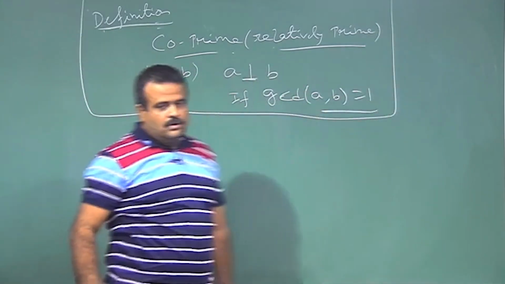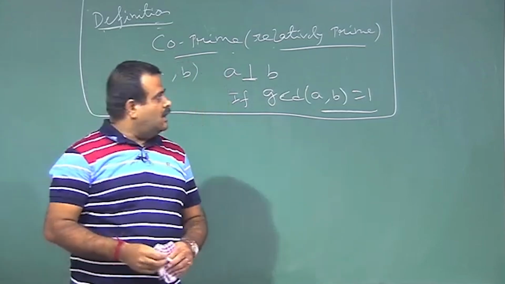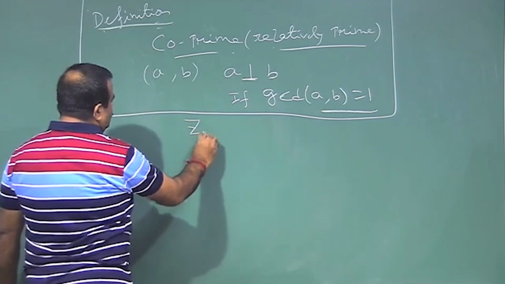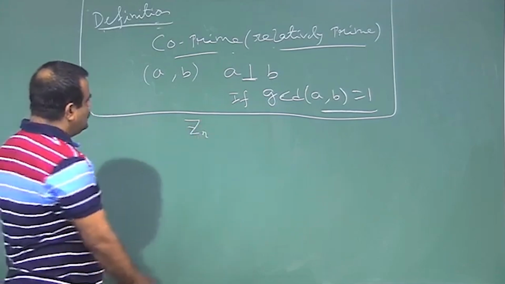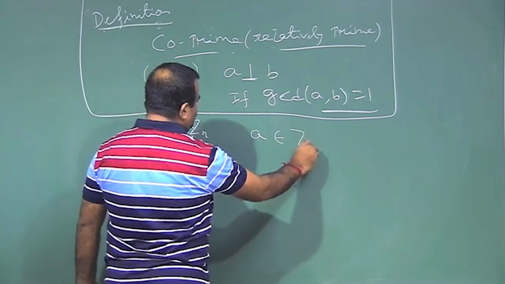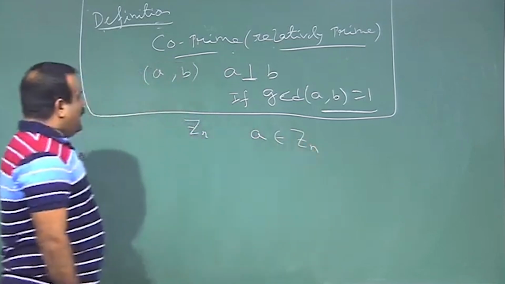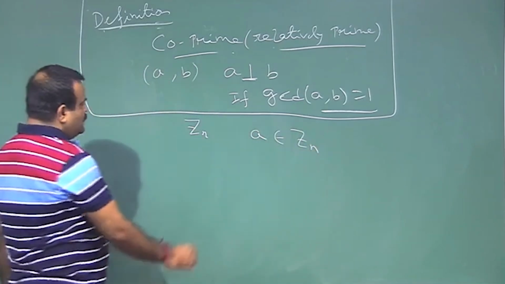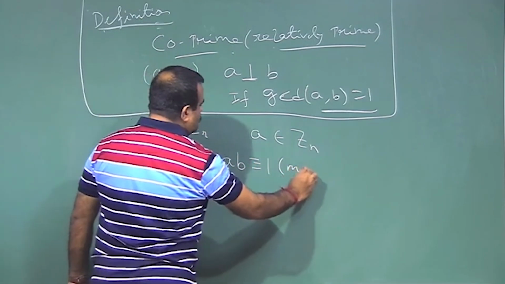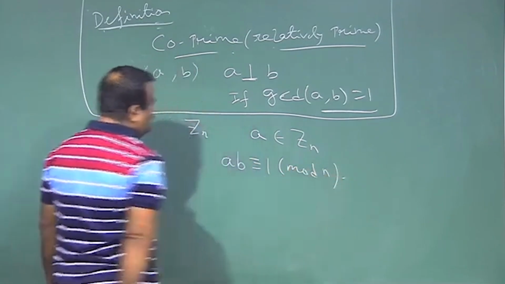Okay. So now, suppose we are considering Zn, and we take an element A belonging to Zn. A will have an inverse if there exists a B such that AB is congruent to 1 mod n.